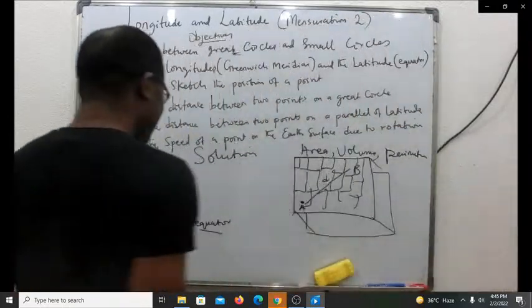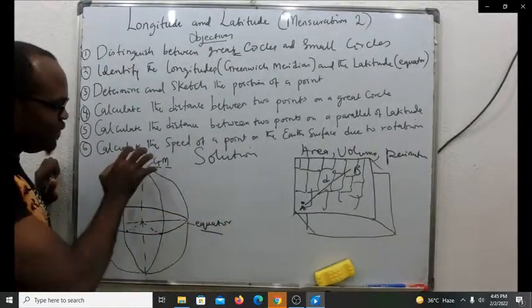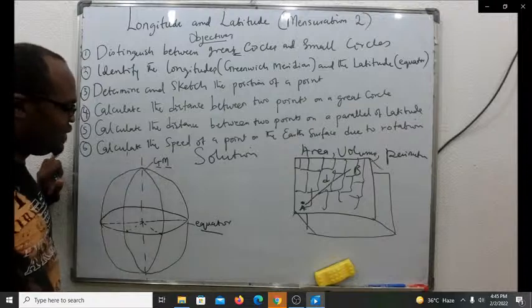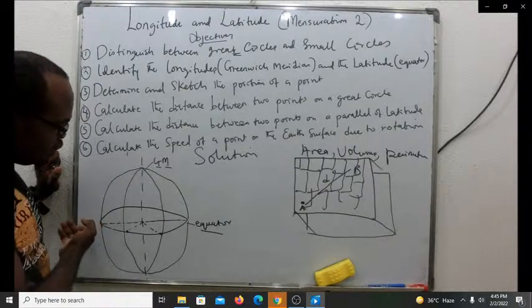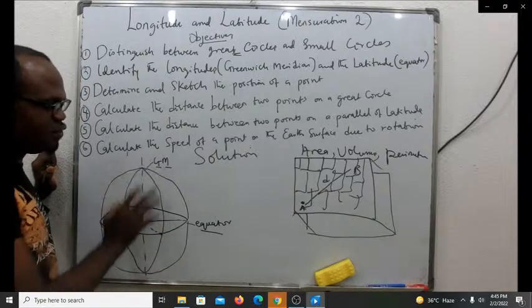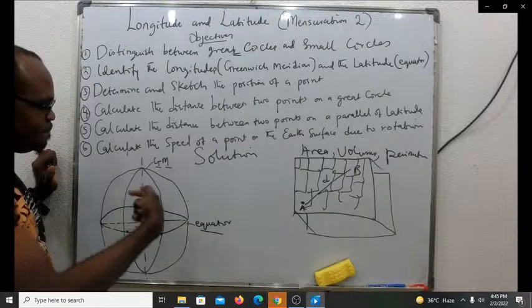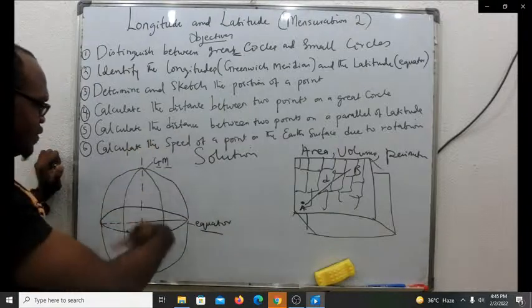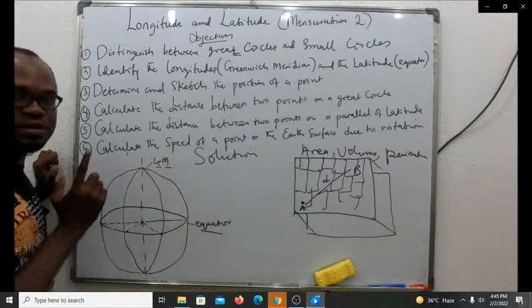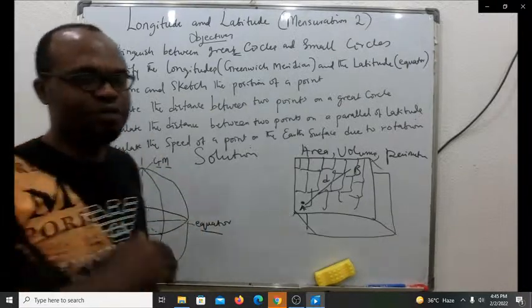A great circle is that circle that when you cut through, you have equal halves of the sphere of the Earth, like when you cut the Earth through the equator, or through the Greenwich meridian. There are plenty of other great circles as longitudes, but the Greenwich meridian and the equator are the two major great circles.